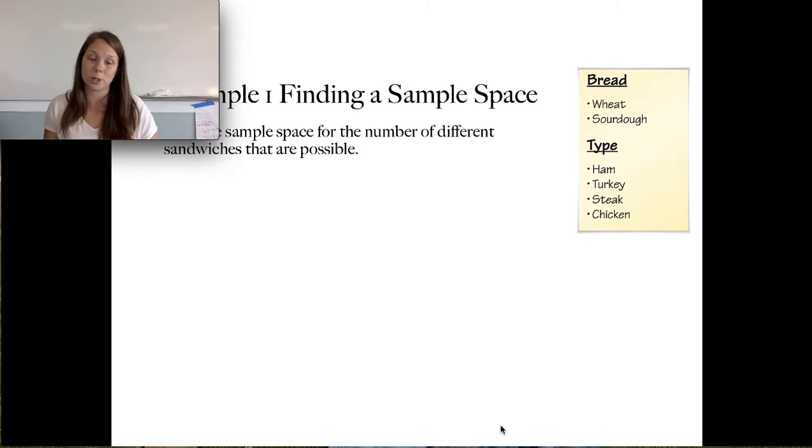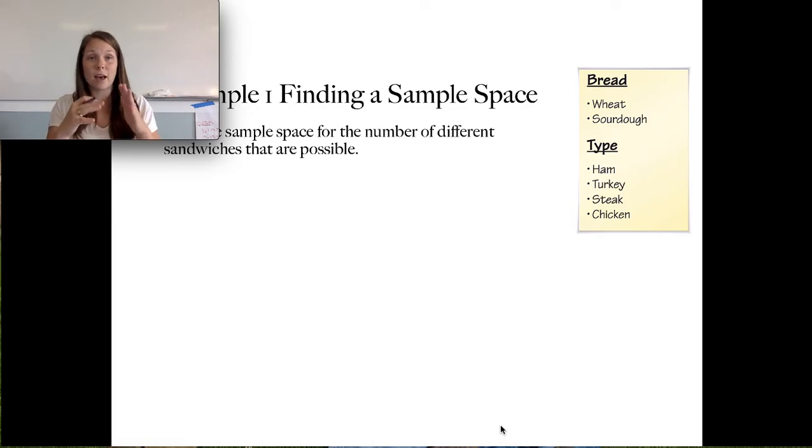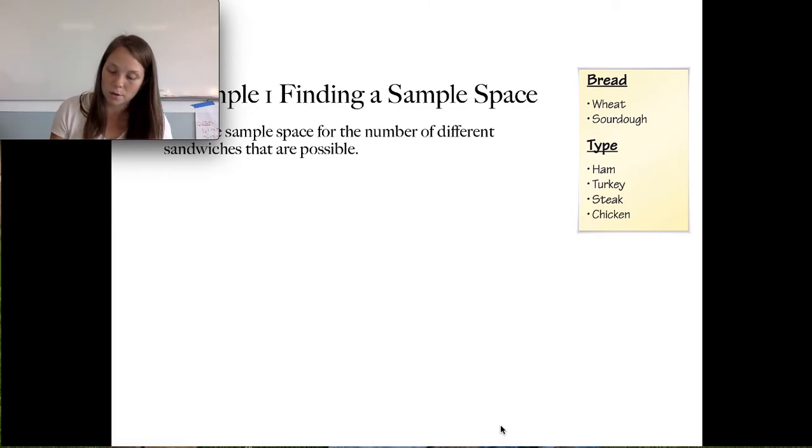So in example 1, it says find the sample space for the number of different sandwiches that are possible. Well, we have two bread options, wheat and sourdough, and then we have 4 types of sandwiches: ham, turkey, steak, and chicken. So I'm going to start off with my tree diagram by identifying one category for the wheat bread and one for the sourdough bread.